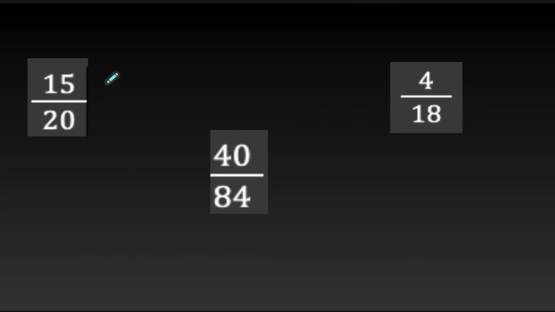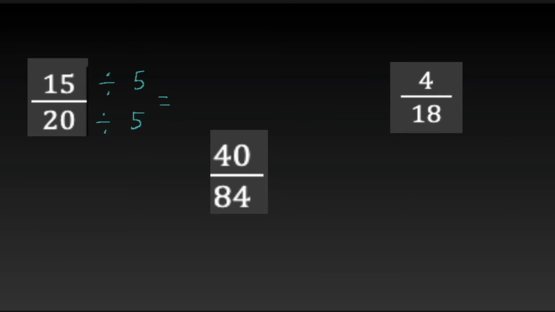The factors of 15 are 3 and 5 because 3 times 5 is 15. And for 20, the factors are 4 and 5 because 4 times 5 is 20. But I'm pretty sure you heard the common factor, which is 5. So we're going to divide by 5 in the numerator and in the denominator.